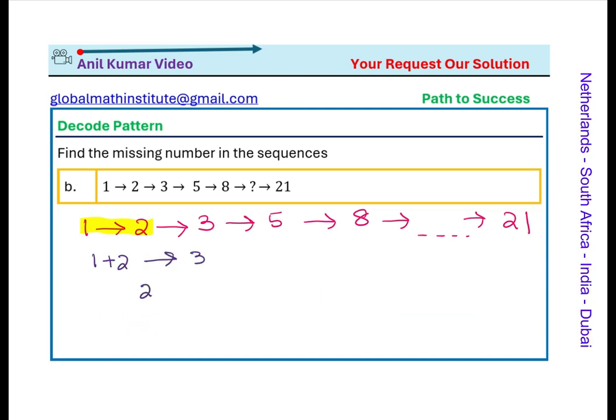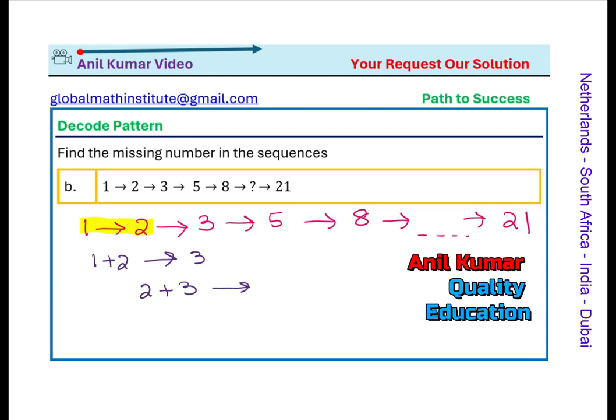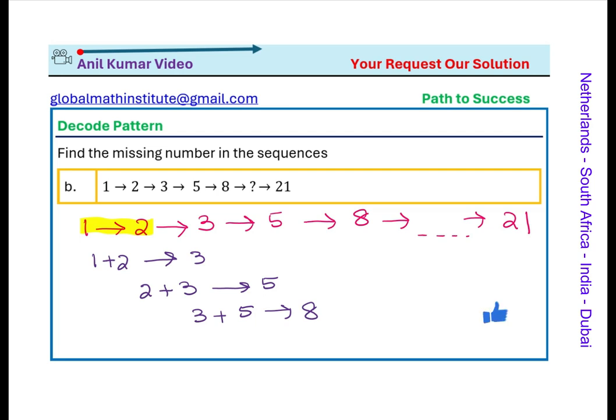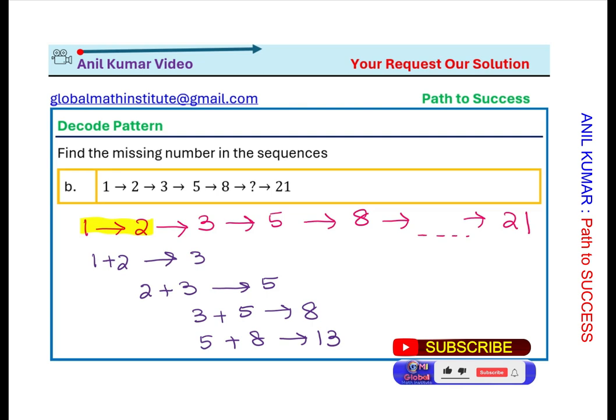And if I add 2 and 3, what we get is 5. And if we add 3 and 5, what we get is 8. And so to get the next term, we have to add 5 with 8, which is 13, right? So that is how it works out.